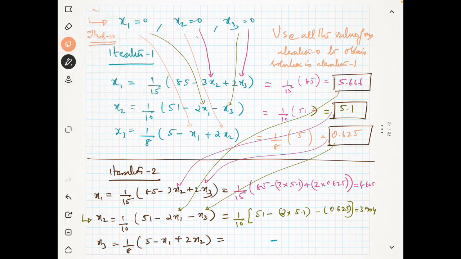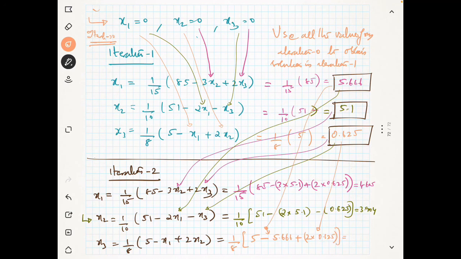Okay, so it's 1 by 8 into 5 minus what is my x1? I will take from here. So it's x1 is 5.666 plus 2 into x2. What is my x2? I will take it from here, 0.625.